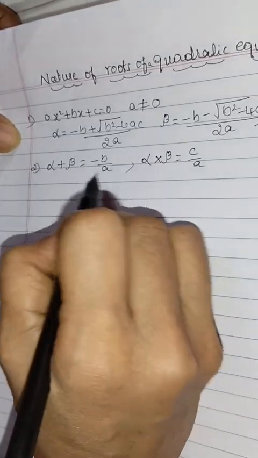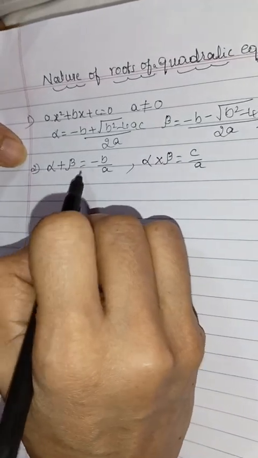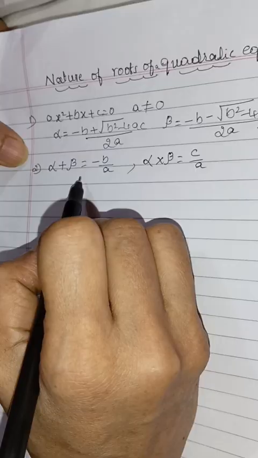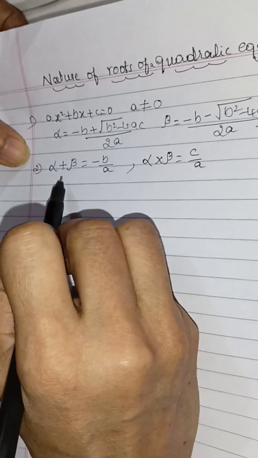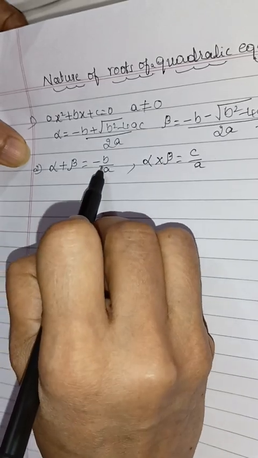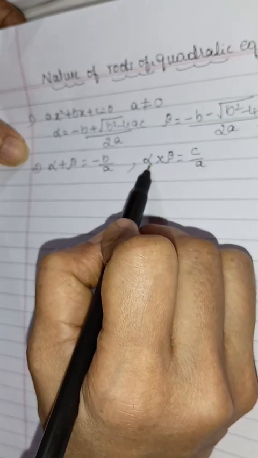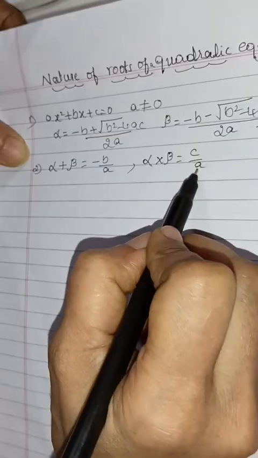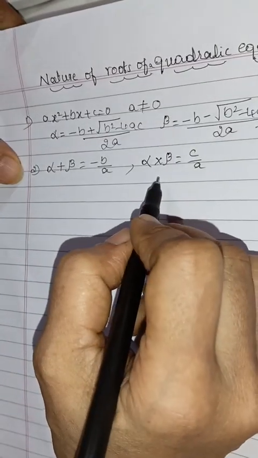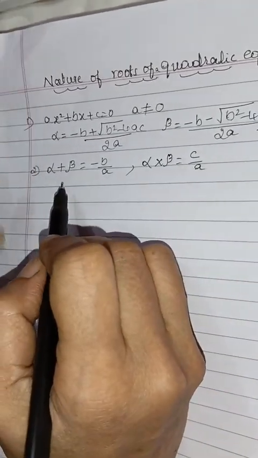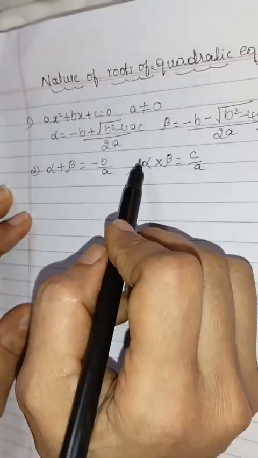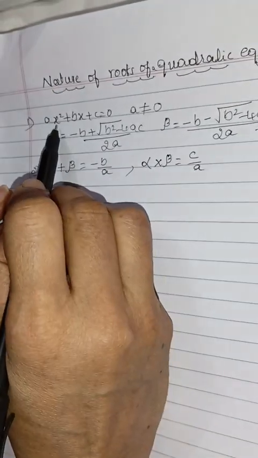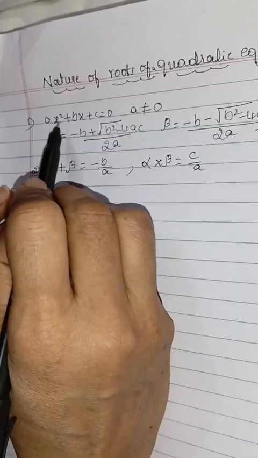This will always help to solve practice set 2.5. You know this formula: alpha plus beta is minus b by a, alpha multiplied by beta is c by a. Just remember.